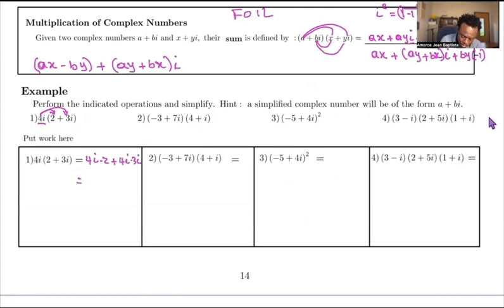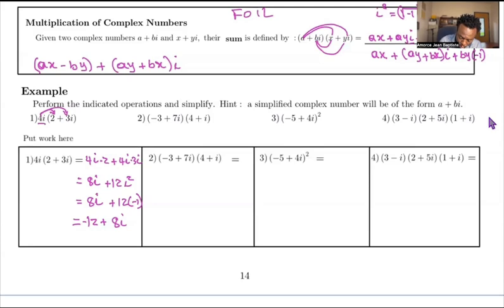So that equals 8i plus 12i squared. i squared is negative 1, so that is 8i plus 12 times negative 1. So the complex number is negative 12 plus 8i.